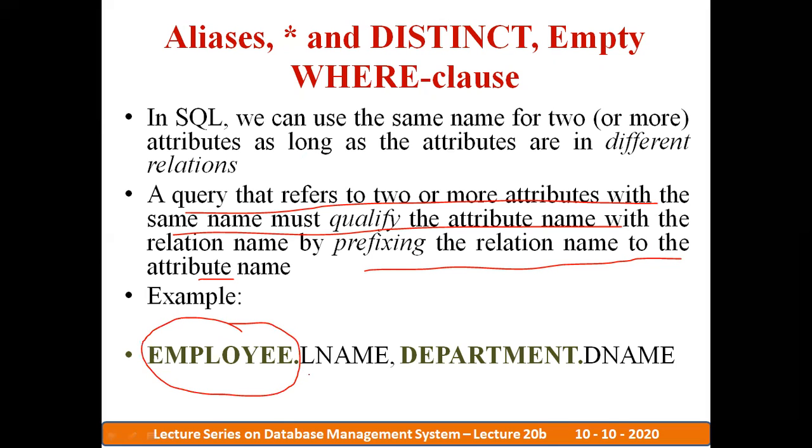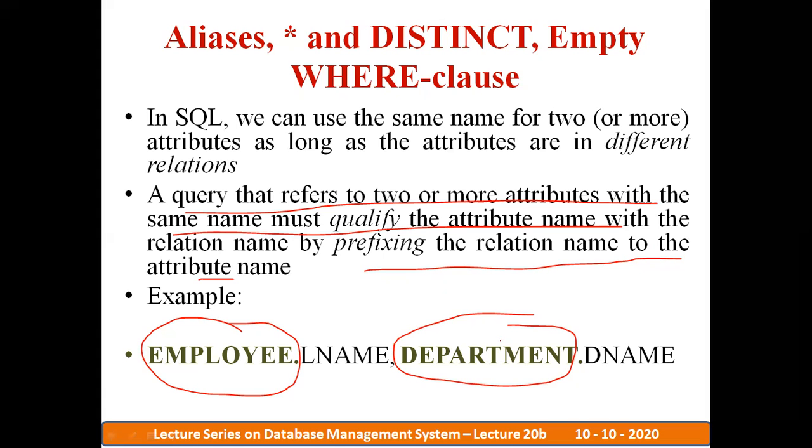So that is employee dot L name, or you can also specify it as department dot D name. For example, if I just write Shiva, I don't know which Shiva it is, so that's why I need to qualify it. If I write Asha, whether I'm referring to Asha Devreddy or Asha Gaonkar, I don't know. That's why I need to qualify it.